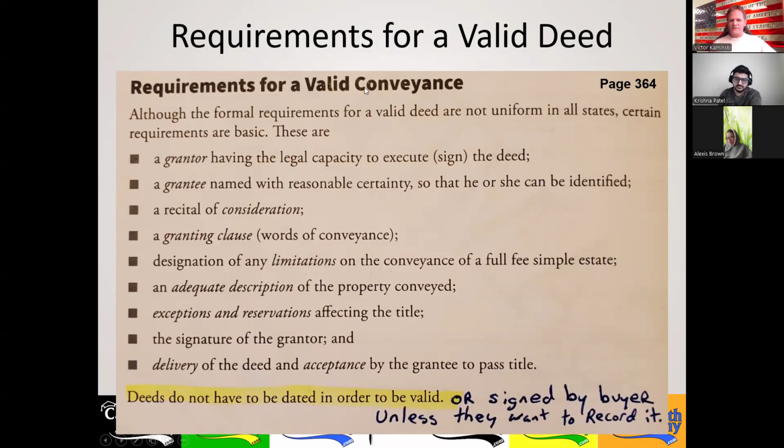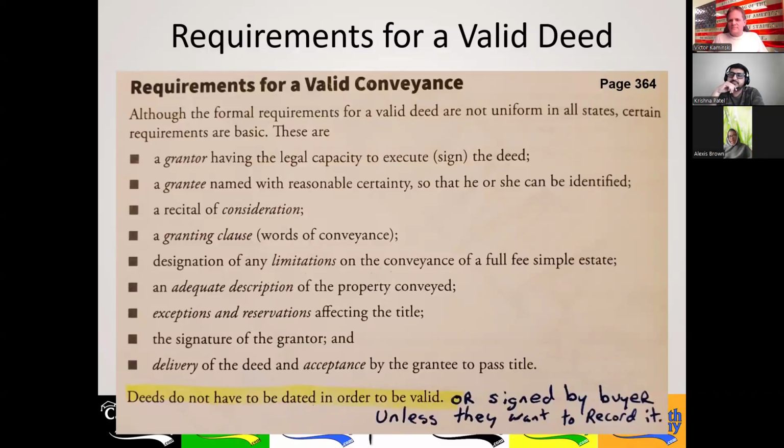So these are the requirements for a valid conveyance. Why don't deeds need to be dated again? When does the transfer of ownership take place?